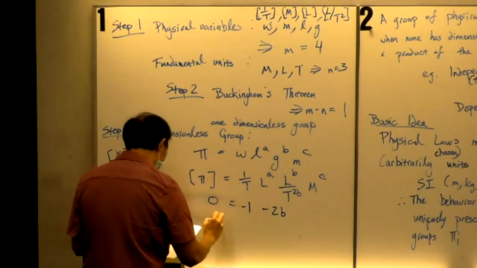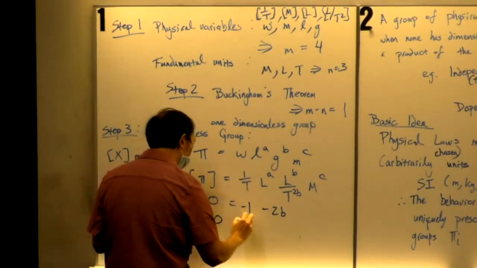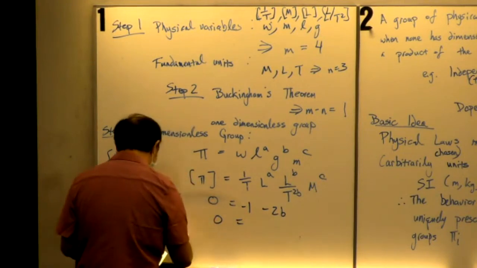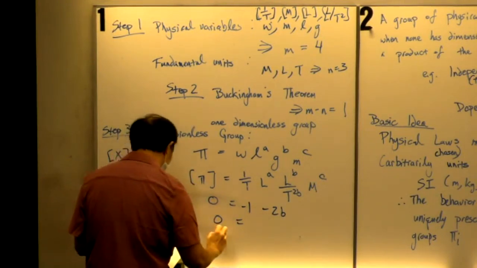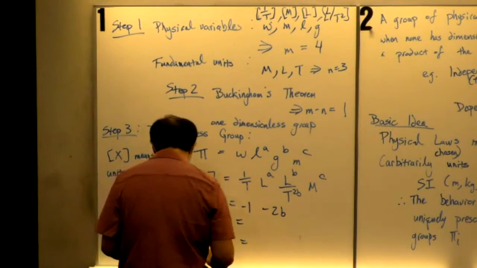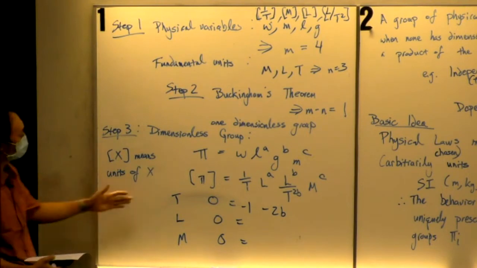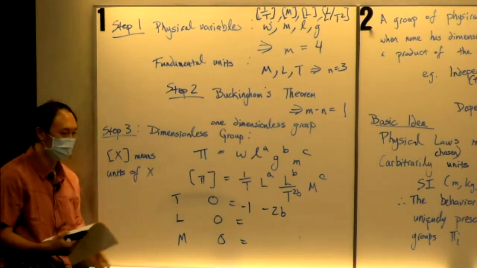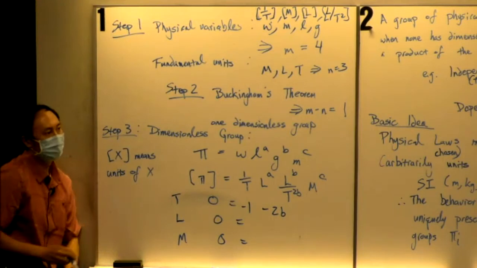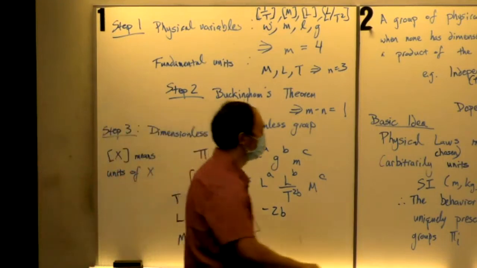For l, 0 is equal to, and for m. See if you can do this at your seats. And then some of you that are pretty far ahead, try to solve for A, B, and C. So I'm just physically counting how many t's, m's, and l's I get. Do that while I erase.